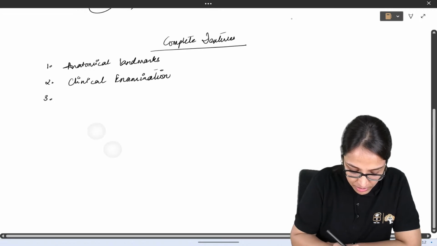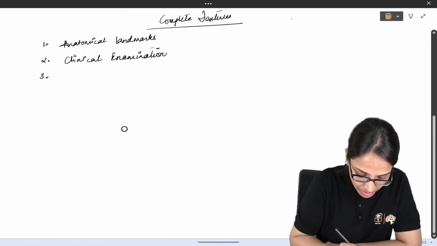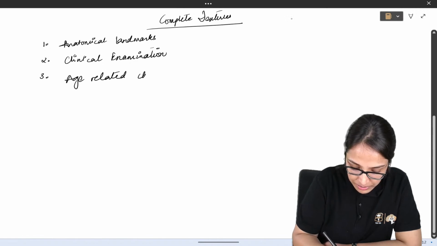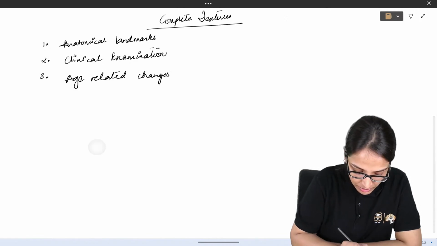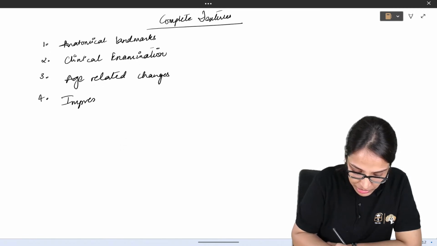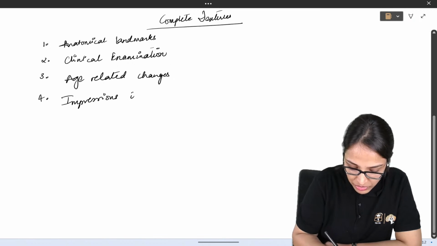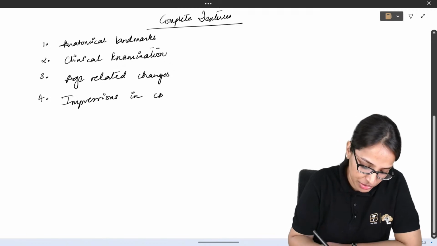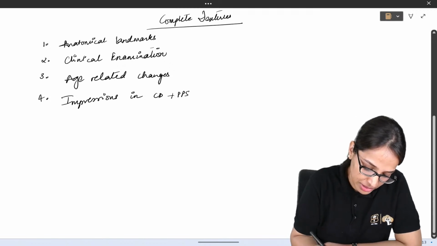Then we will move further with age-related changes on the tissue. We begin with impression procedures in complete dentures that would cover your primary impression, border molding, secondary impression, and your posterior palatal seal area.